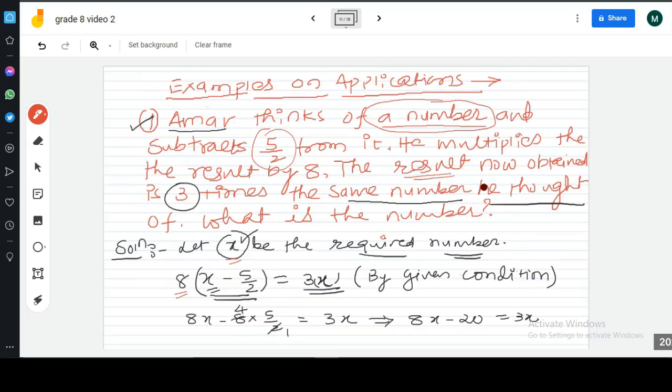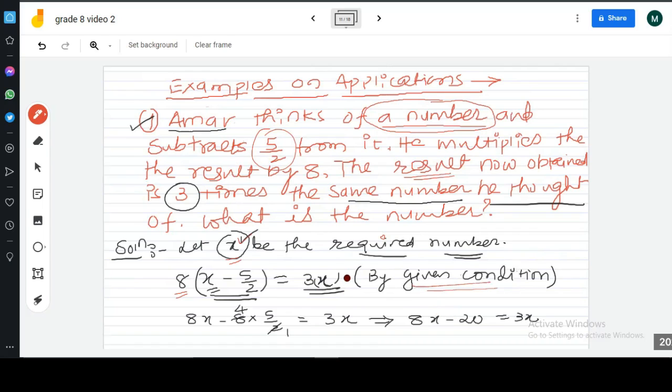The result now obtained, after the multiplication and simplification, will be thrice the same number he thought of. He thought of a number x, so the resulting number will be 3 times the original number. So it is 3 times x. That is by using the conditions given in the example.